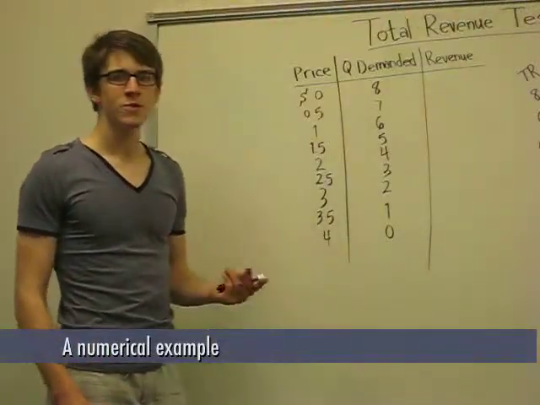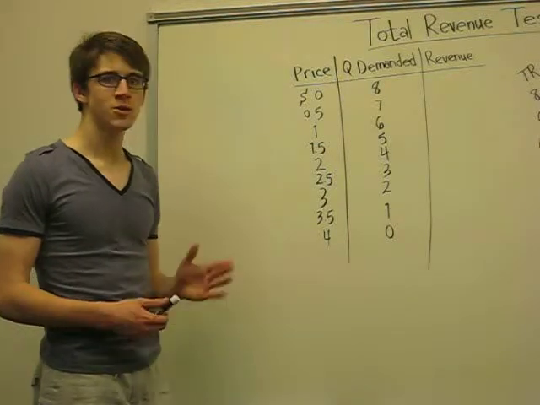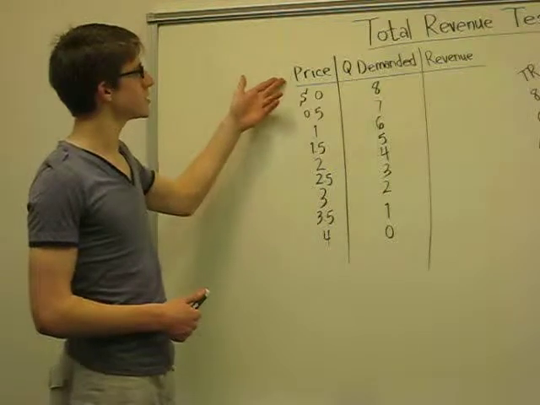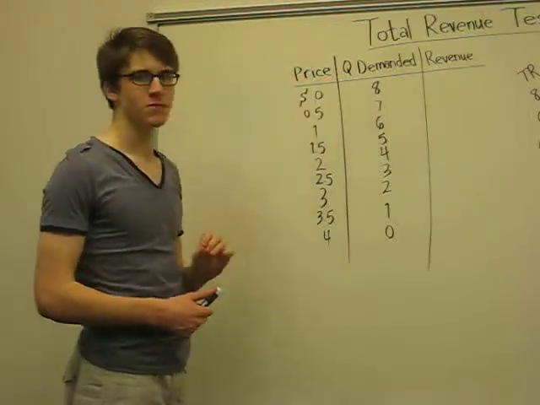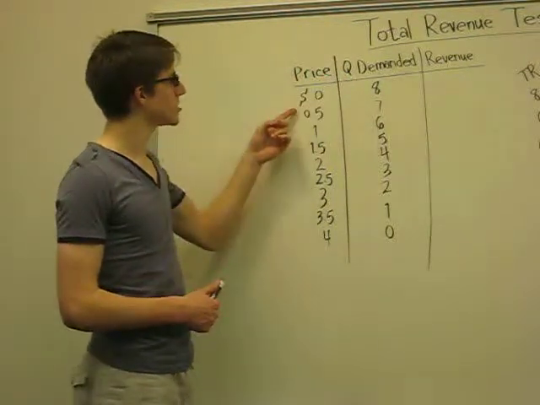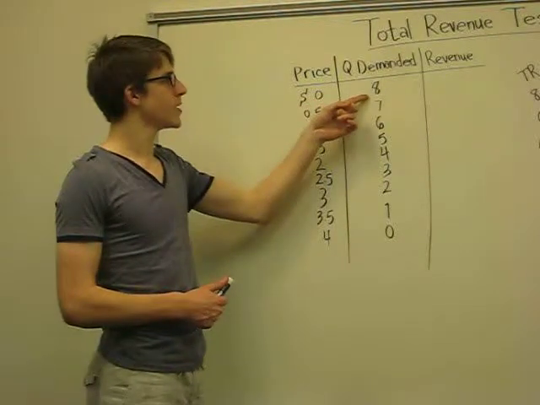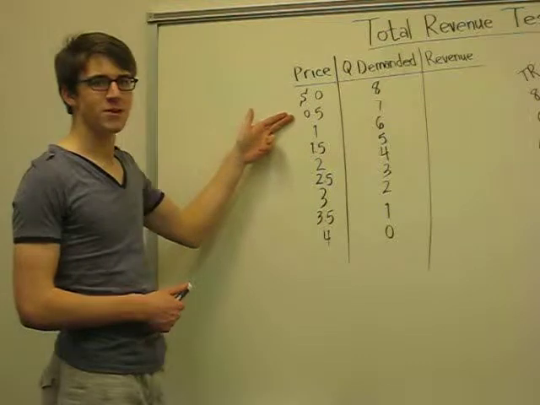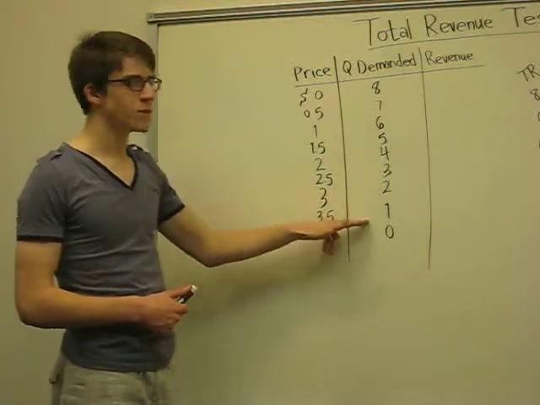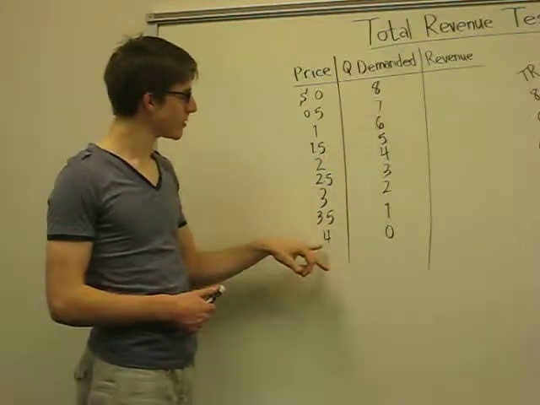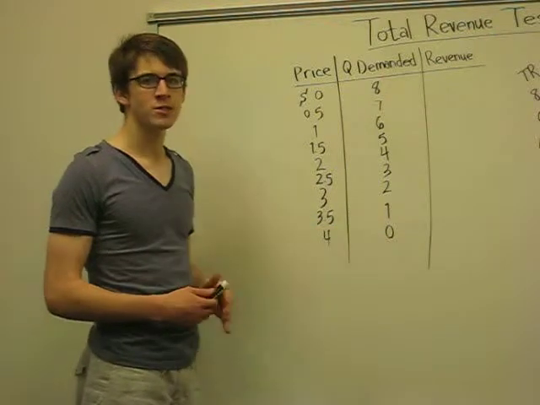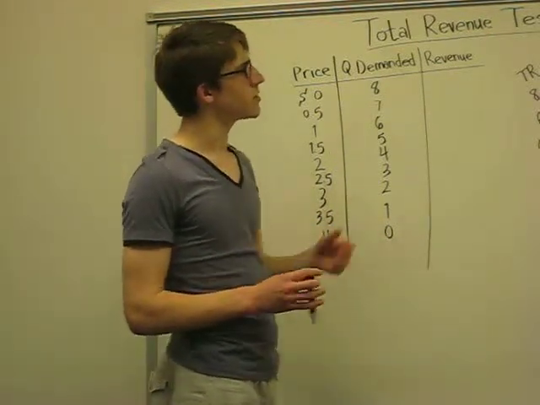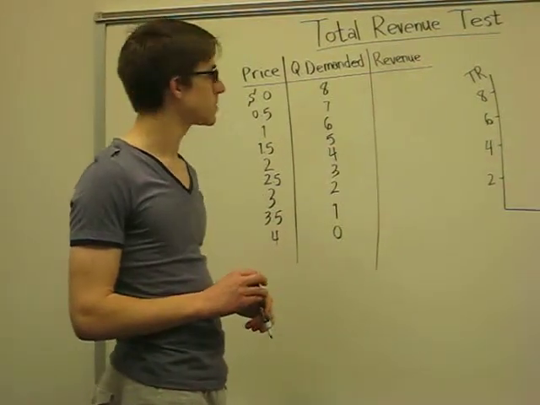As I said, the previous graph was just a sketch, so I'll show it to you with some real numbers. Here we have a table of prices and quantities demanded for socks. When the price is $0, 8 pairs are demanded. And then from then on, for every increase of 50 cents for the pair of socks, 1 fewer is demanded. And so we increase to $4, and nobody wants to buy socks that are $4. We said earlier that revenue is equal to price times quantity.